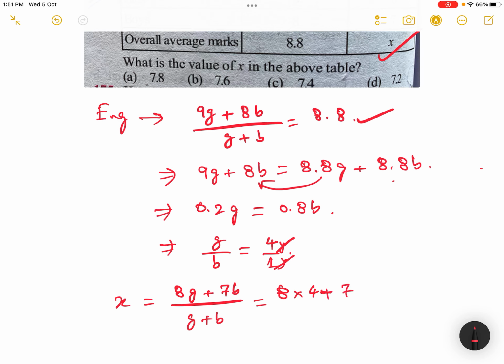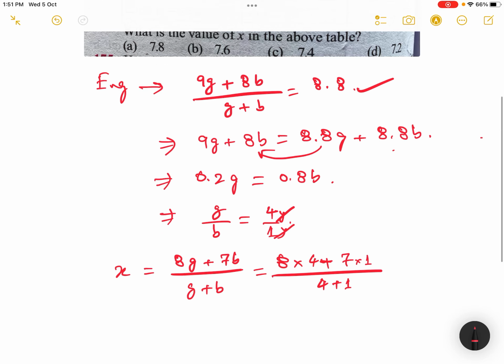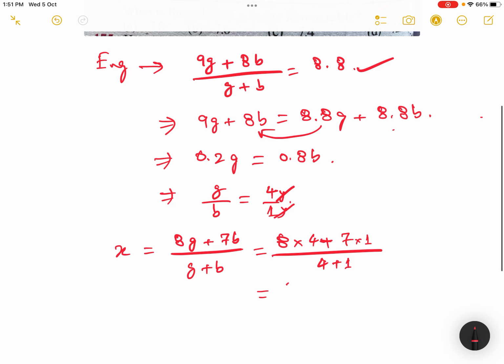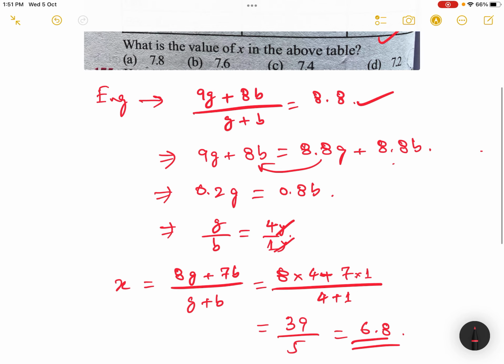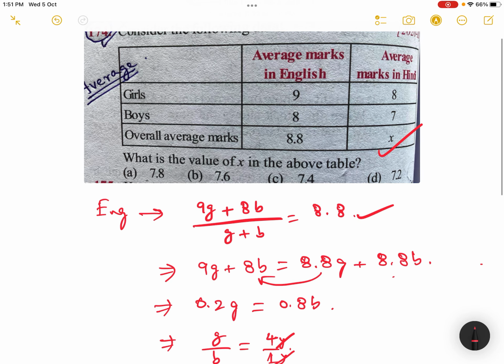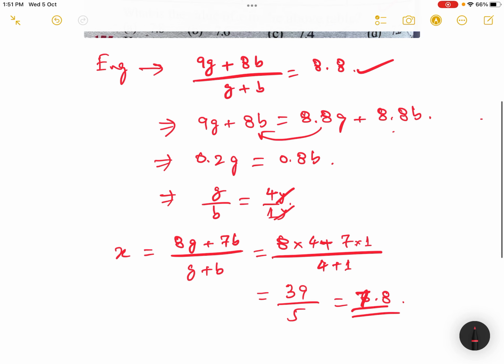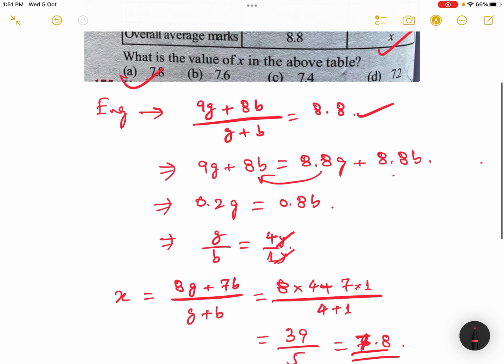Plus 7 into 1, divided by 4 plus 1, 5. For your understanding, I'll just write. So this is 32 and 7 would be 39 upon 5. 5, 6, 30, and then 7.8. Oh, 5, 7, 35. Come on. 7.8. Yeah.